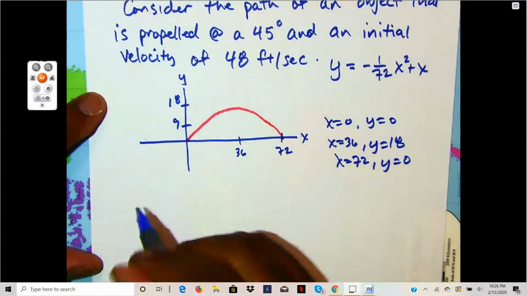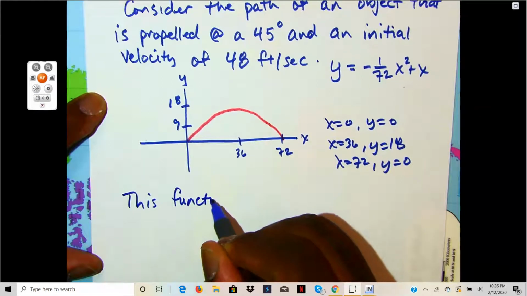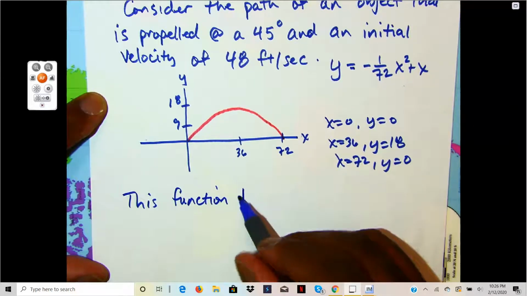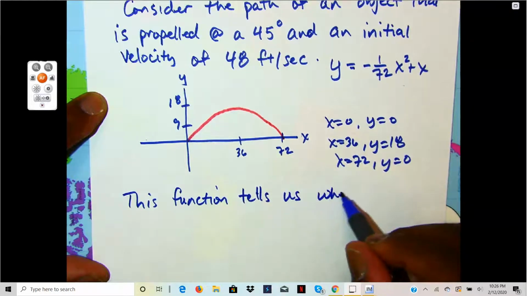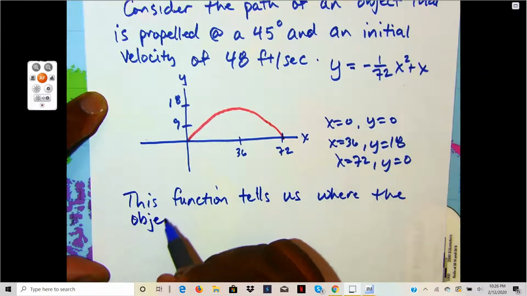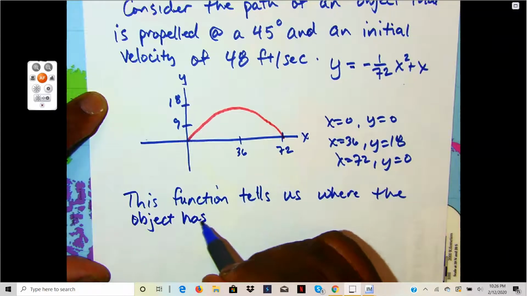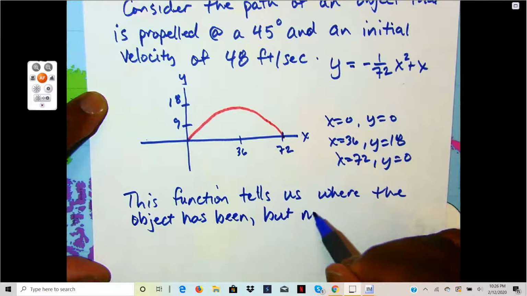So this function tells us where the object has been, but not when.